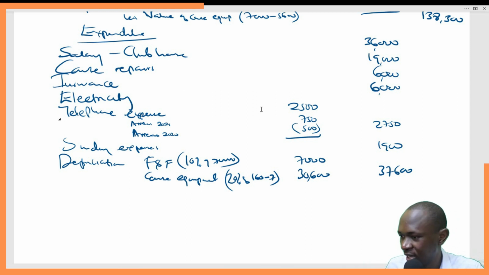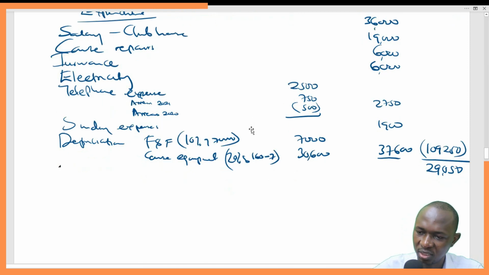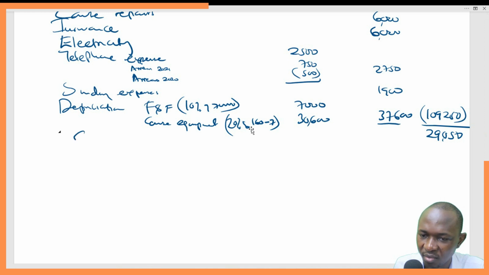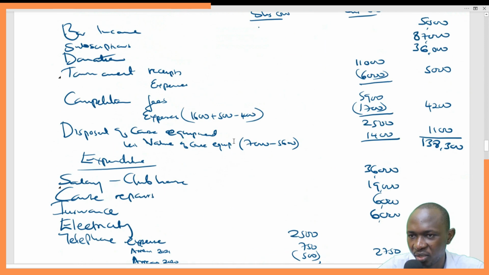So 109,250 minus the 138,300 gives us 29,050. Good. So what is that? This becomes our surplus. Remember, this is an income and expenditure, we are talking about a non-profit making entity, so this becomes our surplus.